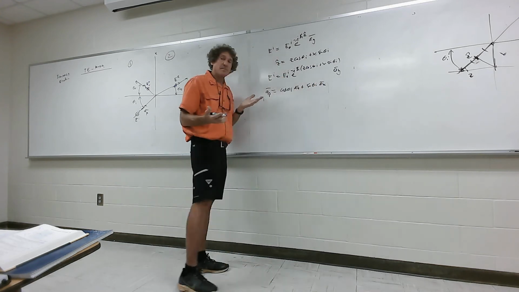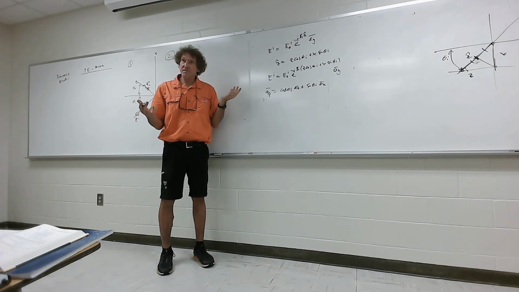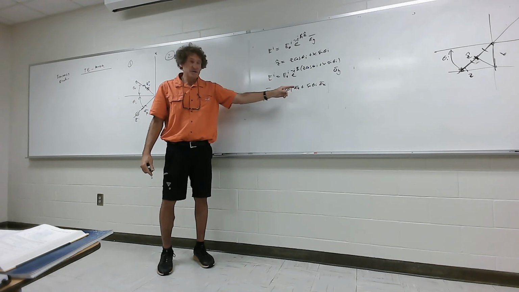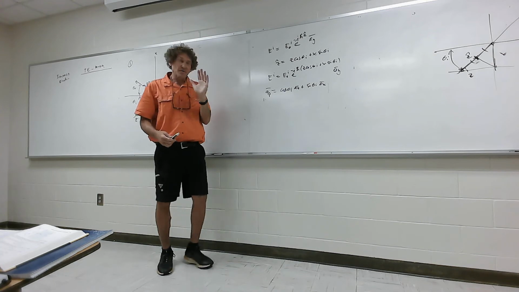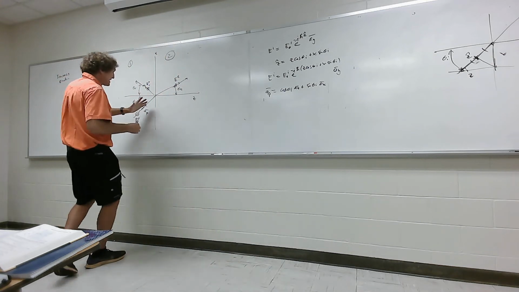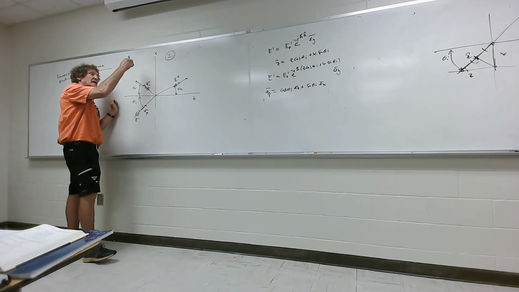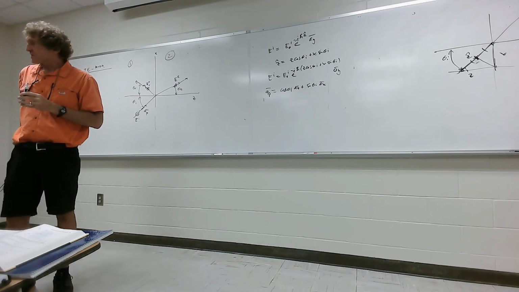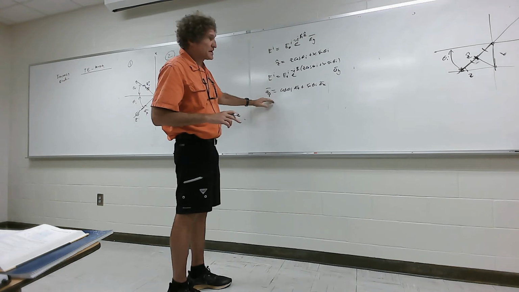And you can check that. Let the angle theta go to 0, so it's normally incident. Cosine of 0 is 1, sine of 0 is 0, so it's in the AZ direction. It checks. If this angle is 90 degrees, the cosine is 0, but the sine of 90 is 1, so it's going in the AX direction. You all see that? That unit vector just tells you what direction it's propagating. So that's the direction of propagation for the incident field.